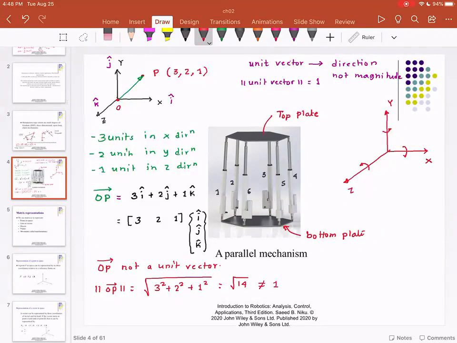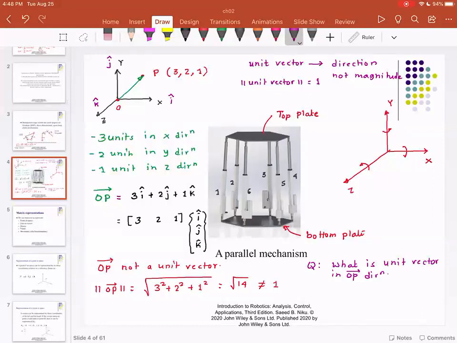Now what I want to do is find the unit vector in the direction OP. So the question is, what is the unit vector in OP direction?